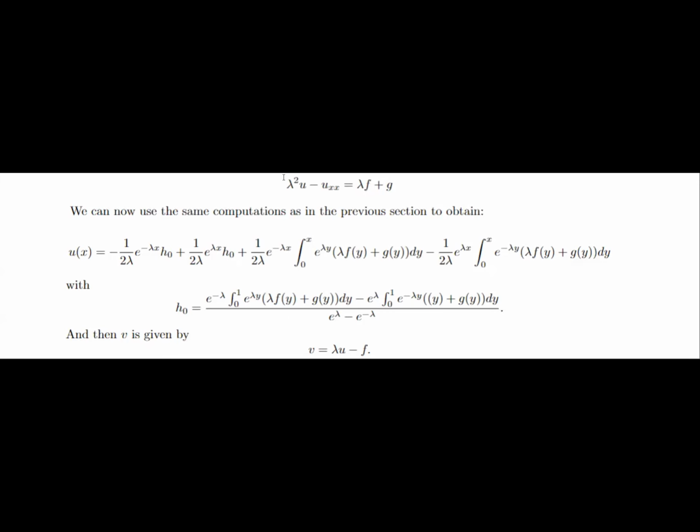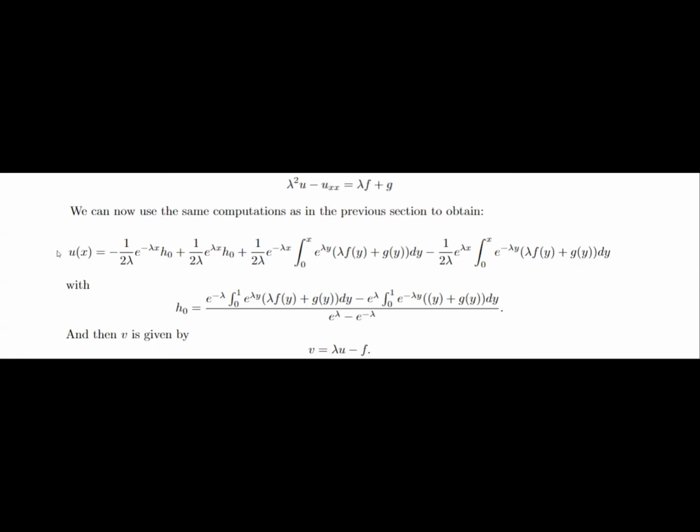Yeah, but this work, we already did it when we studied the heat equation. And so we have an explicit solution by just taking the formula obtained for the heat equation and replacing lambda by lambda square. And so we got this formula.